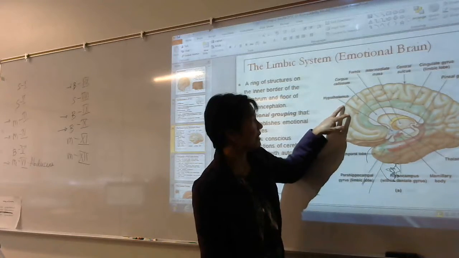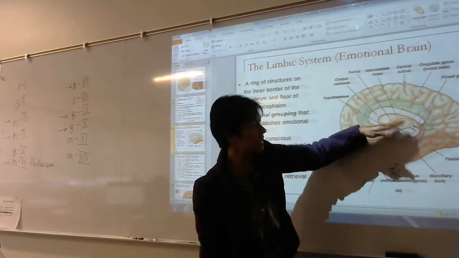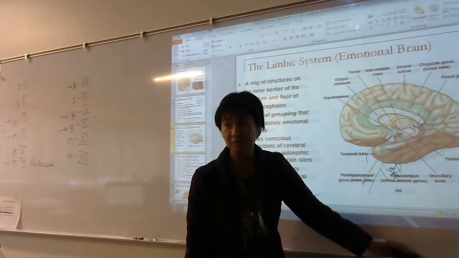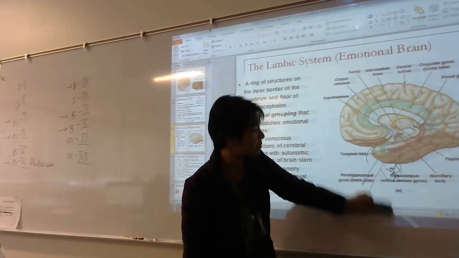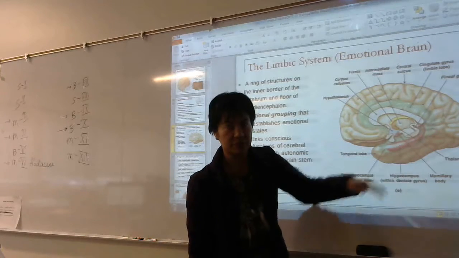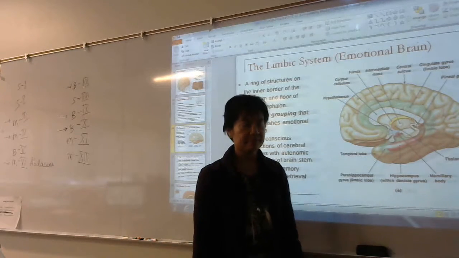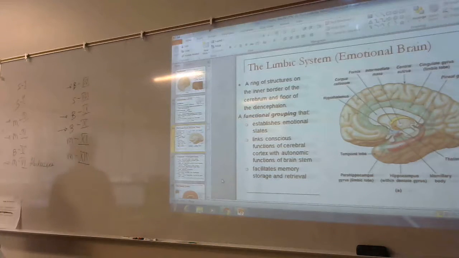Okay, here, this is the cerebrum. This is the conscious part. Everything here is unconscious so far, right? So the last function of the limbic lobe is it links the conscious with the unconscious. See?